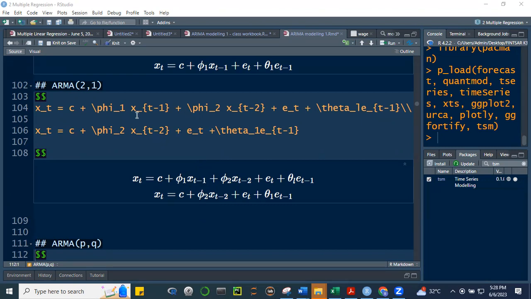You have a constant C plus phi 1 x sub t minus 1 plus phi 2 x sub t minus 2. So this accounts for our AR2. When we say AR2, two lags, lag 1 and lag 2, plus 1 lag of your moving average, that's your theta.